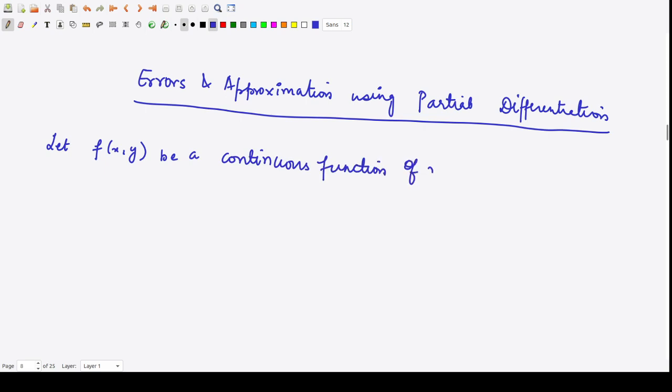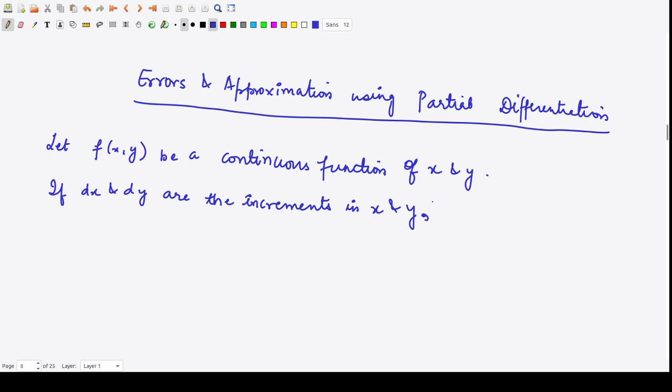of the two variables x and y, and dx and dy are the corresponding increments in x and y. Increments in x and y mean you have just varied or shifted the values of x and y. So what would be the new value?